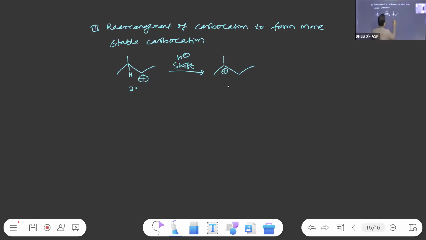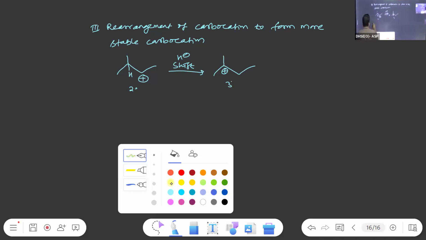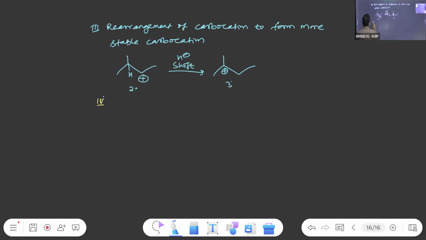This is tertiary. And the last step, deprotonation to form alkene. Again, the alkene forms by following the Saytzeff rule.